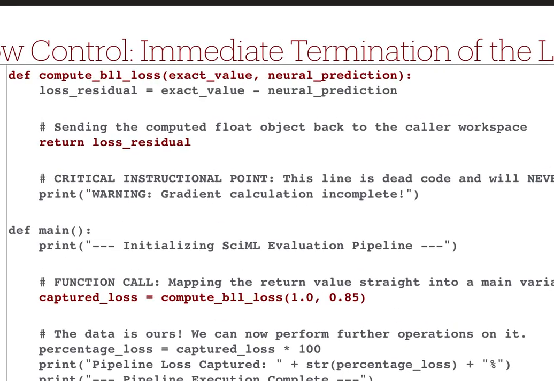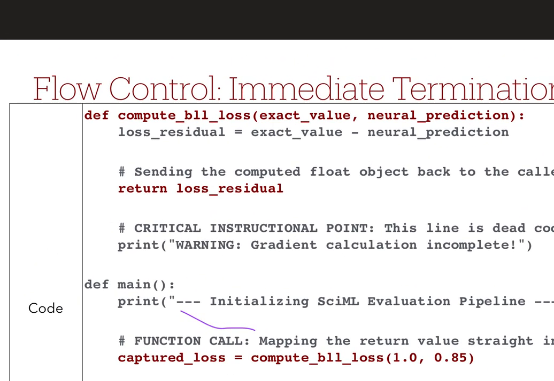So here is some example. Suppose that I have a function compute BRL loss with two parameters, exact value and euro prediction. At this point, this function is defined with some calculation stuff. Some variable is computed, and based on that computation, certain value will be returned.